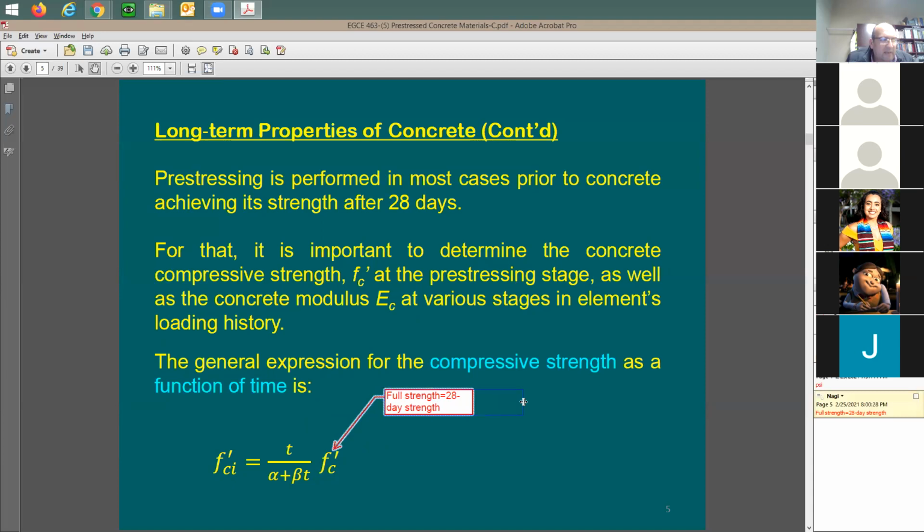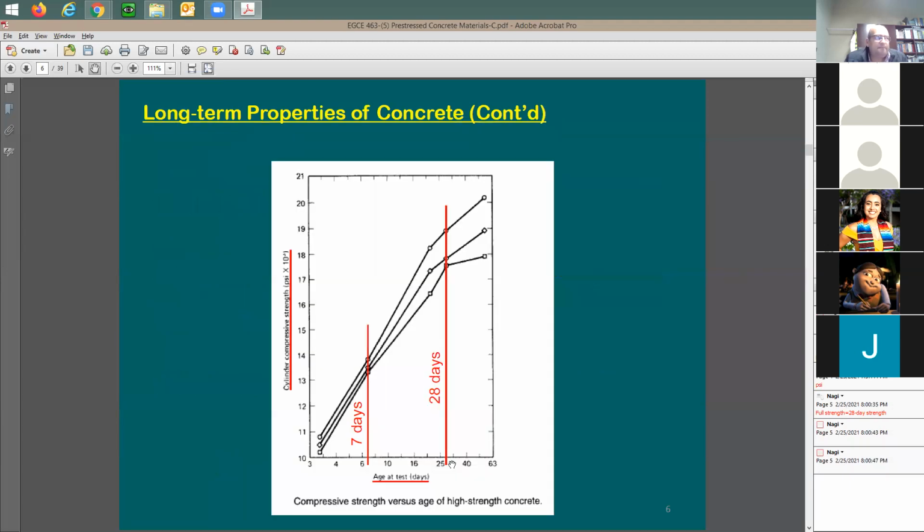This is not negative 28-day strength, no, it's the 28-day strength. And this is going to be the strength at any time. Time what? Time t. So here's the time t in this formula, and also this time t. And then we have these two factors, alpha and beta, that depend on the cement type. They depend also on the curing. How would you cure the concrete?